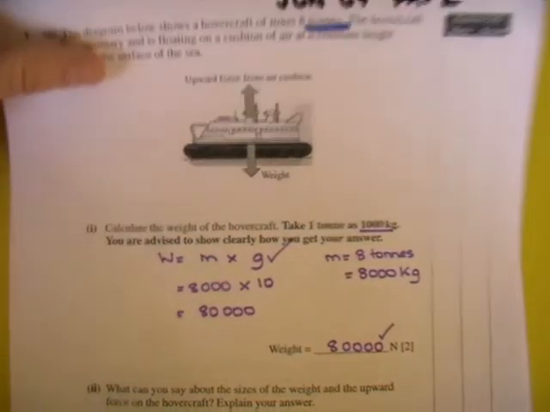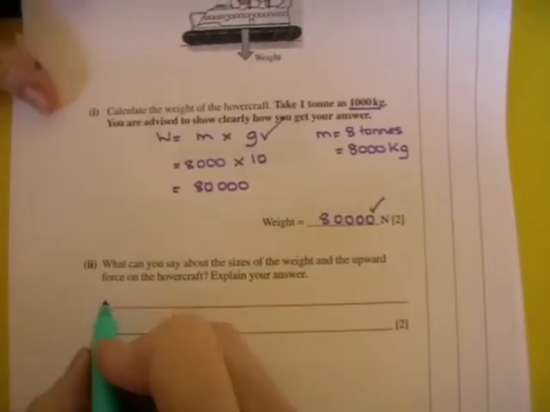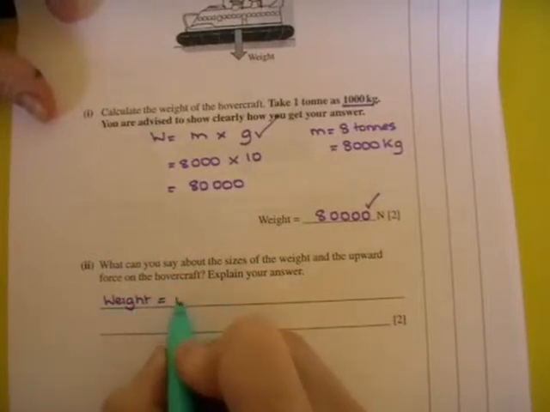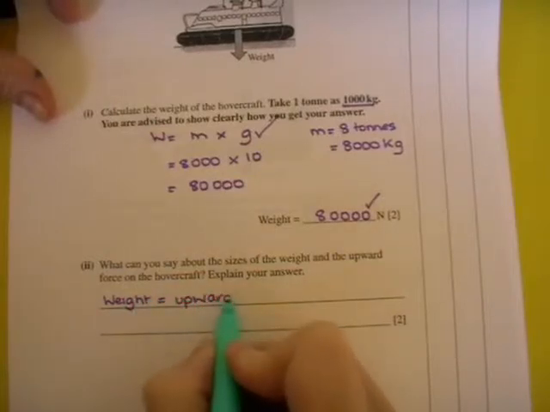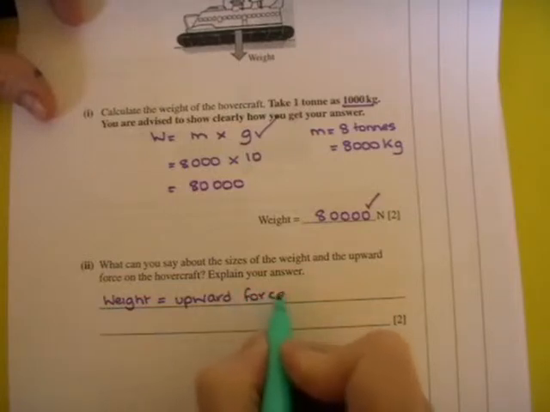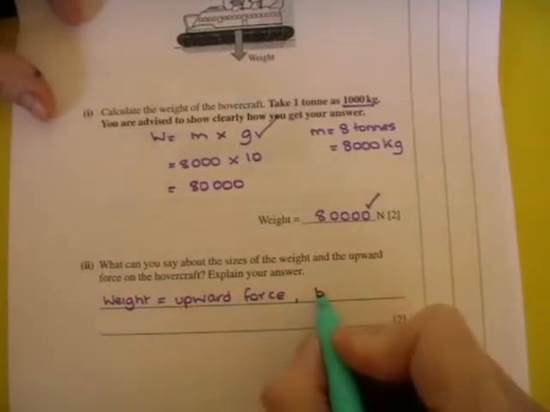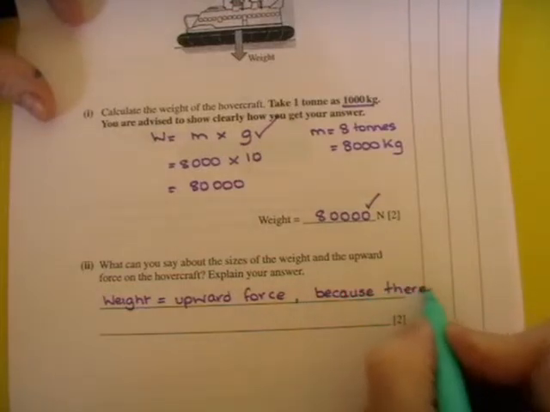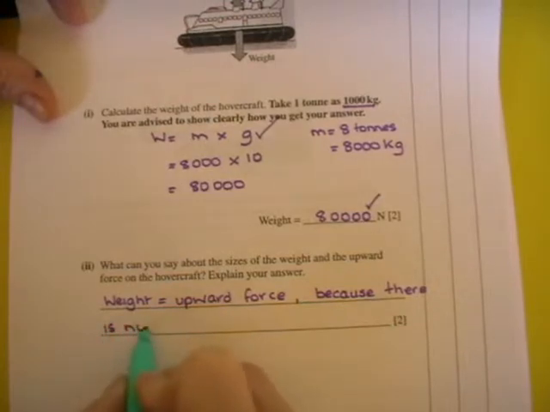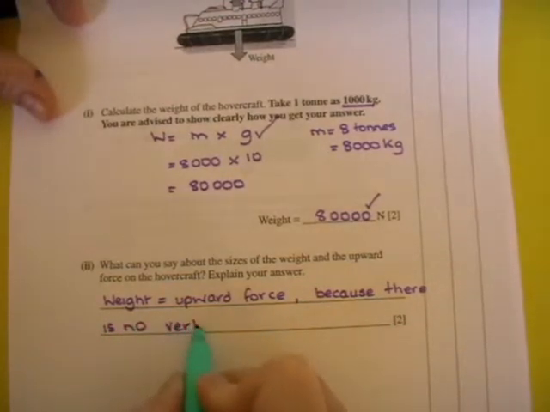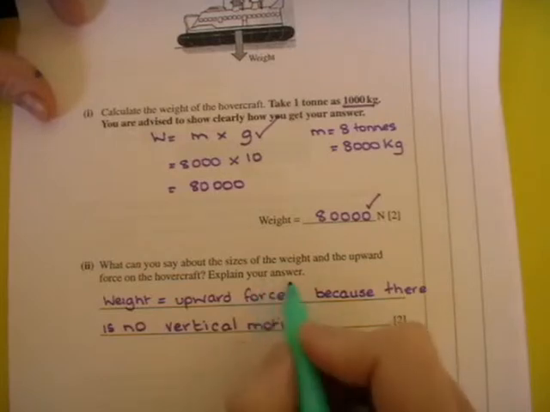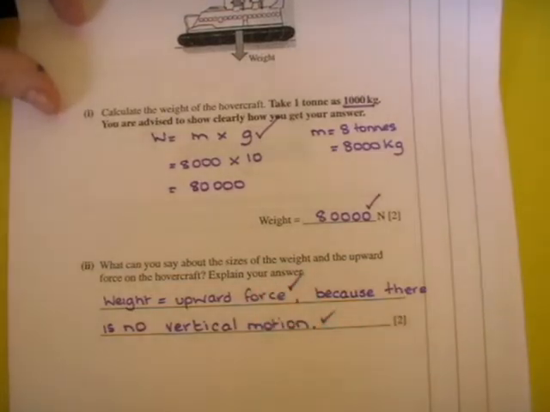So we're going to say that weight is equal to upward force, and the reason is because there's no vertical motion. I'm going to use the word vertical, which is up or down, but if you wrote up or down, that would be absolutely fine. And that gets you 1 mark there and 1 mark there.